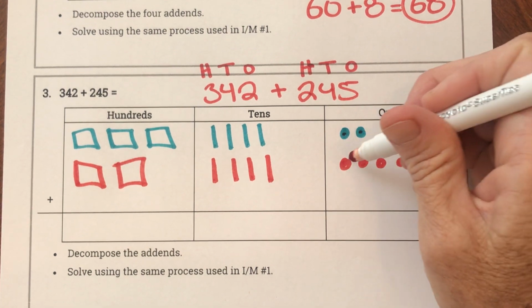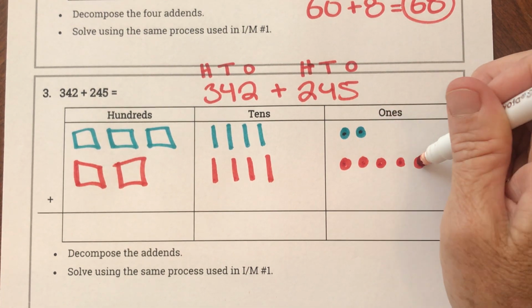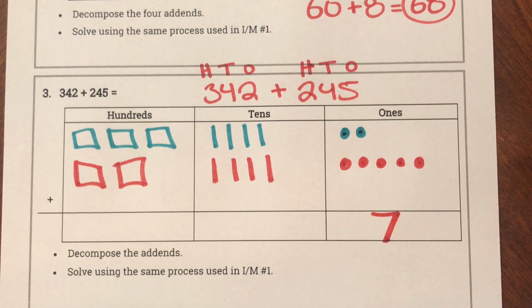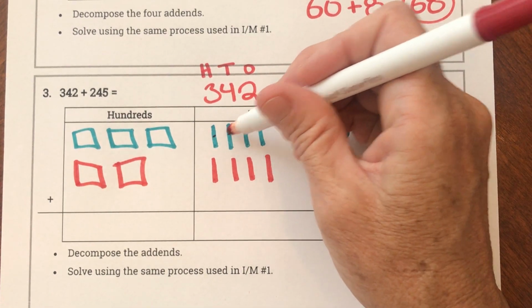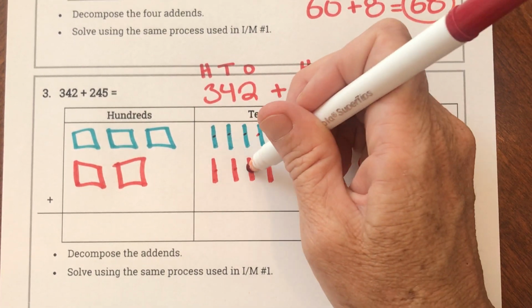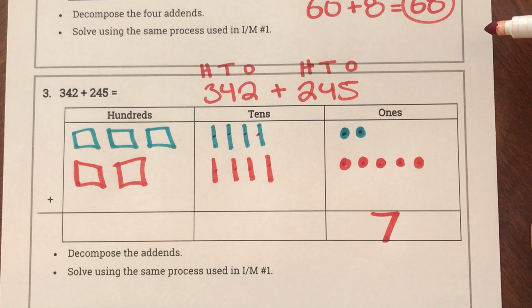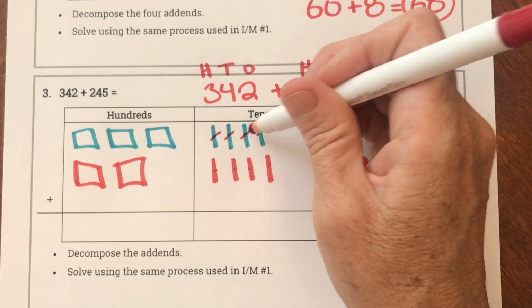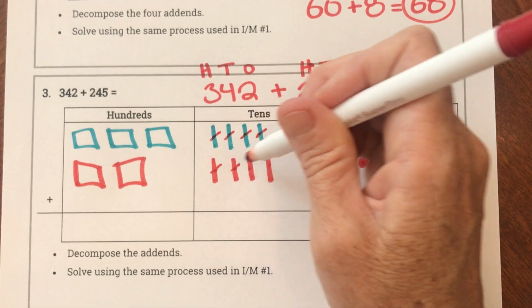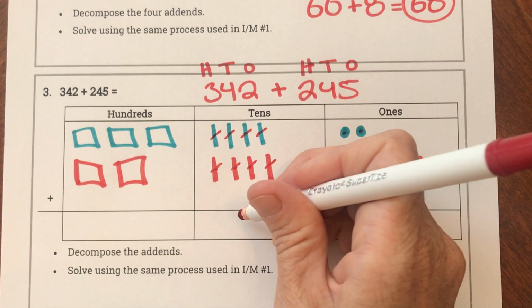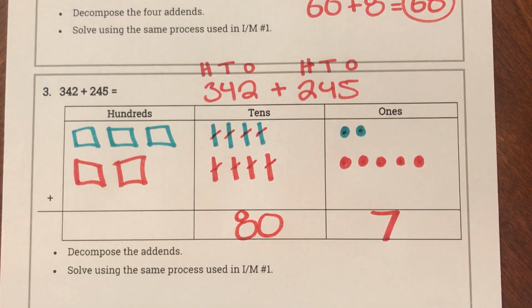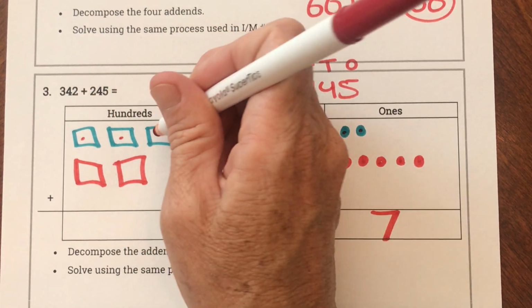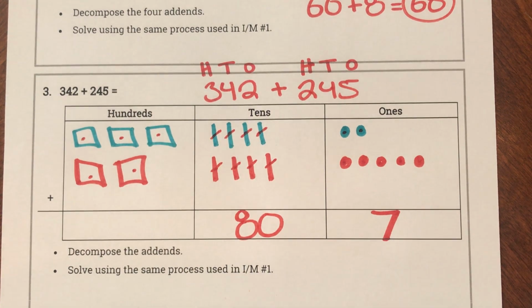I have 1, 2, 3, 4, 5, 6, 7 ones. I have 1, 2, 3, 4, 5, 6, 7, 8 tens, but 8 tens is not worth 8. It's worth 10, 20, 30, 40, 50, 60, 70, 80. 8 tens is worth 80. And then I have 1, 2, 3, 4, 5, but they're hundreds.